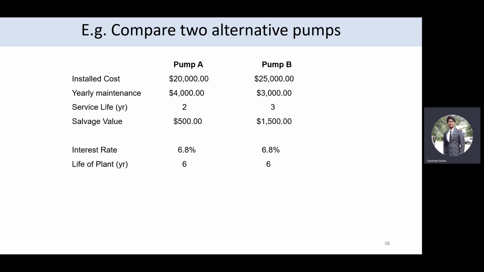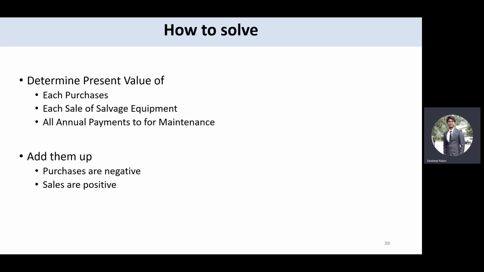Now let's see how to solve. Determine the present value of each purchase, each sale of salvage equipment, and all annual payments for maintenance. Add them up.